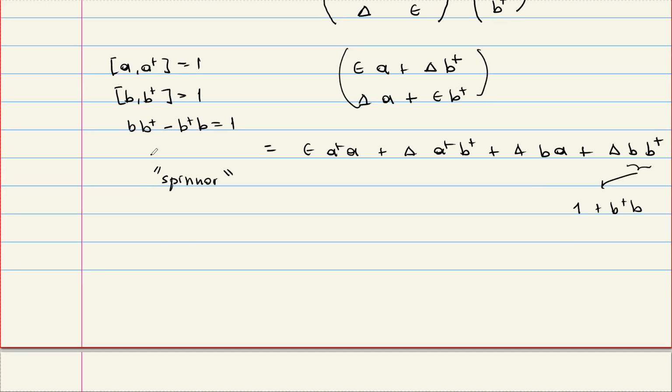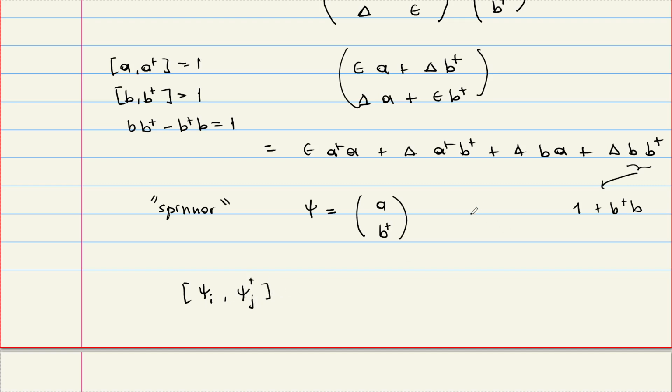So I want to introduce a spinner, and the reason I call it spinner is because it has two components, but it is a bosonic degree of freedom. So this psi is A B dagger. And the commutation for this psi, I need to look at components, psi I, psi dagger J. So I can calculate psi dagger is something like A dagger B. So I need to do this component by component.